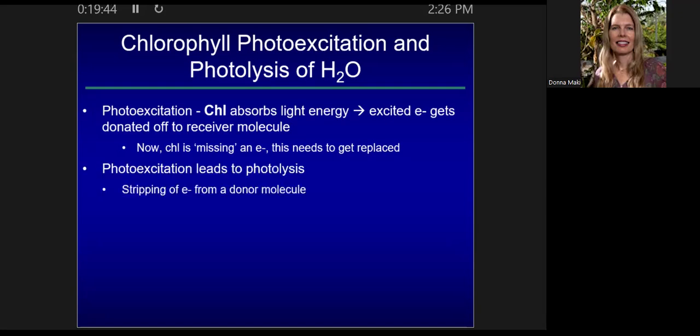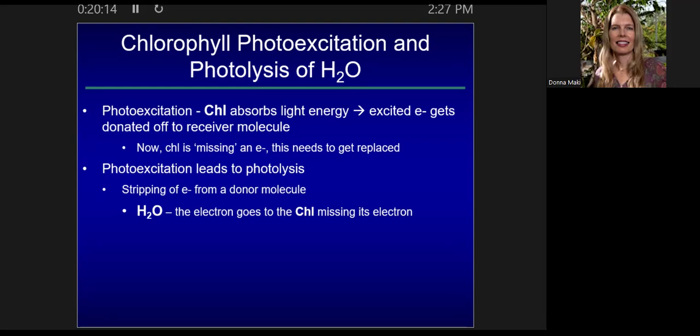And so what happens is that water, where photosystem 2 is sitting, will be used as the source of electrons. So photosystem 2 can extract electrons from water that get given back to chlorophyll, and then it gets hit with light energy again, and the whole thing happens. So you can get electrons zinging down this electron transport chain in really quick order.